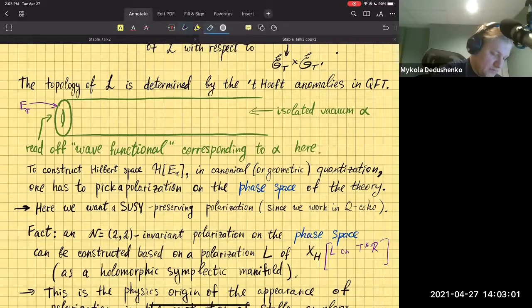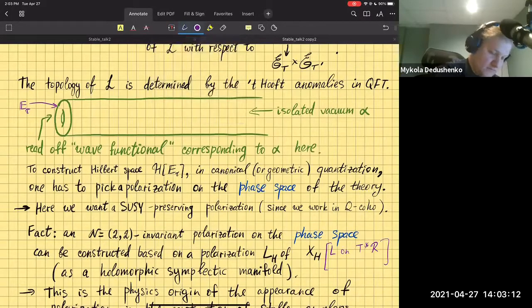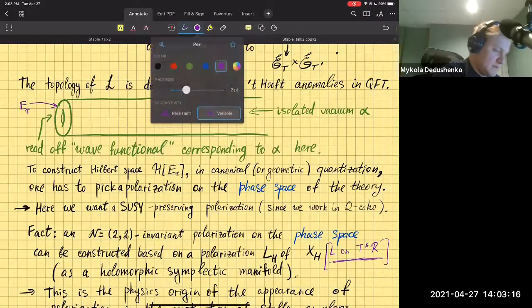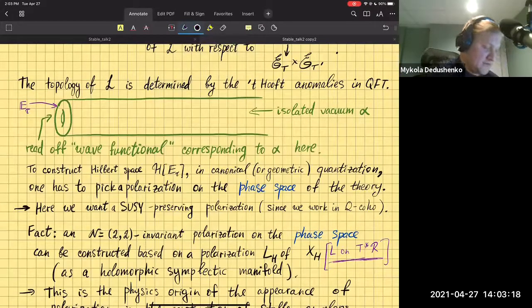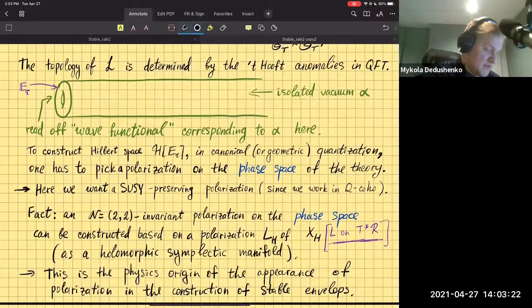Let me call this one L sub H. But then L is polarization on this space. And that's really the physics origin of the appearance of polarization in the construction of stable envelopes.